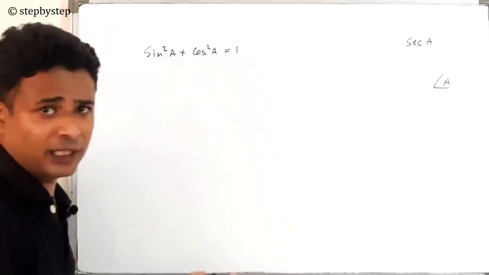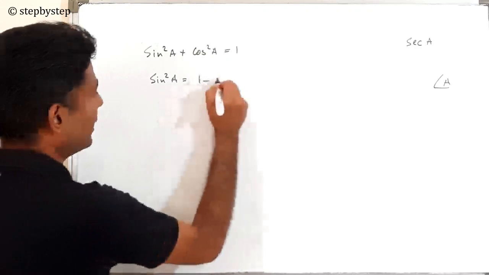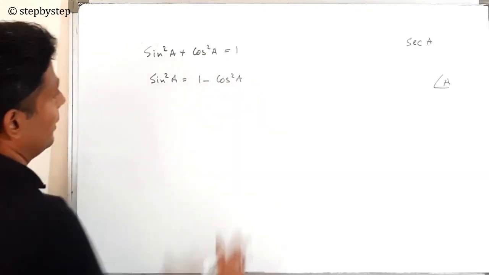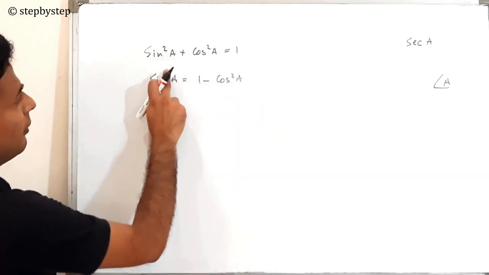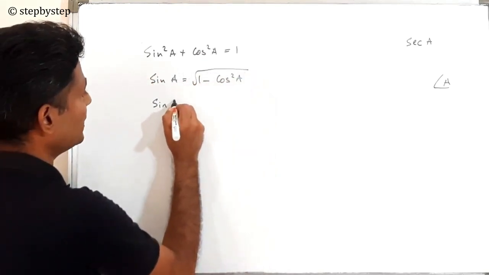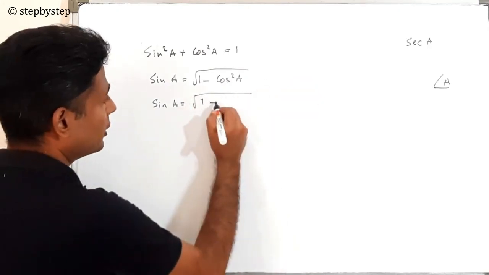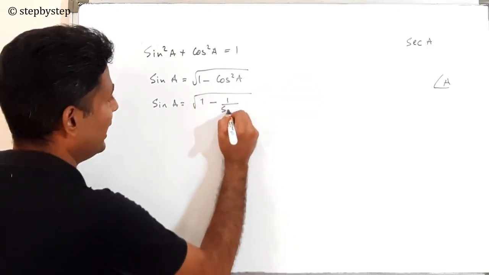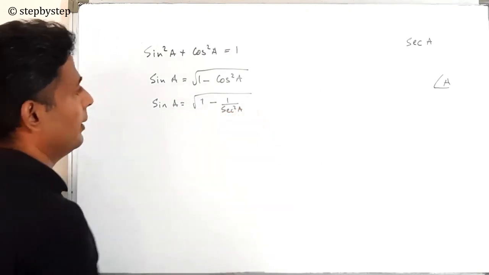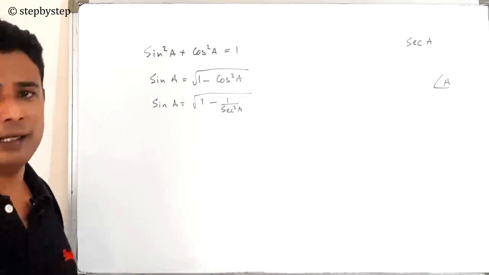So sin square A equals 1 minus cos square A. Now if it is sin square A, when I take the square to the other side, it becomes a root. So sin A becomes root of 1 minus cos square A. But what is cos square A? The reciprocal of sec, right? So cos square A can be written as 1 by sec square A. So I have written sin A in terms of sec square A.